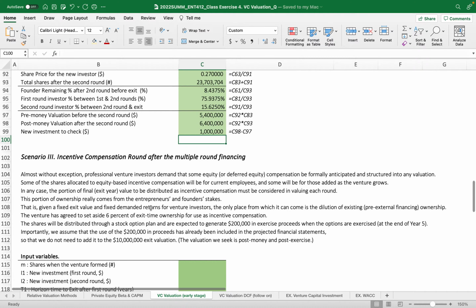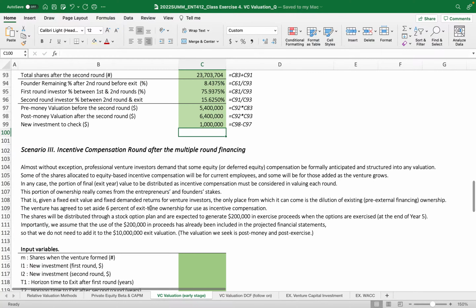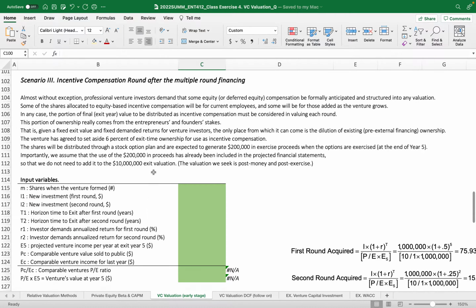Now we develop these two cases to the incentive compensation round, assuming that the use of the $200,000 incentive compensation proceeds has already been included in the projected financial statement. The shares will be distributed through a stock option plan, and I expect to generate $200,000 in exercise proceeds when the options are exercised at the end of year 5.